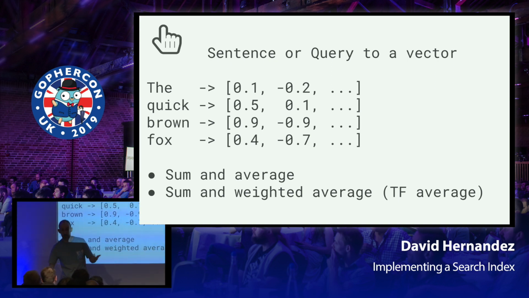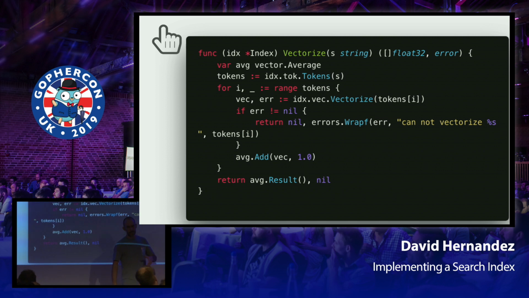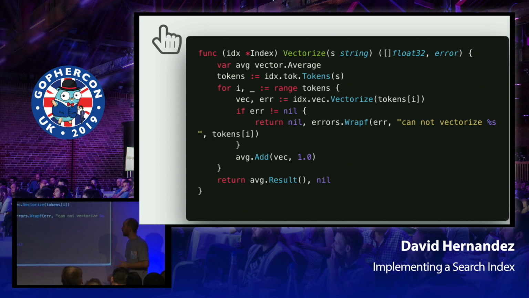I was surprised the first time that I found out about that. So if we want to vectorize a sentence, the only thing that we need to do is, given a sentence, tokenize it, just split by white space in many languages.